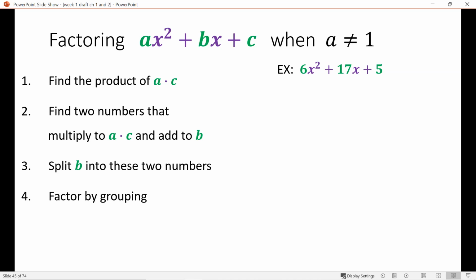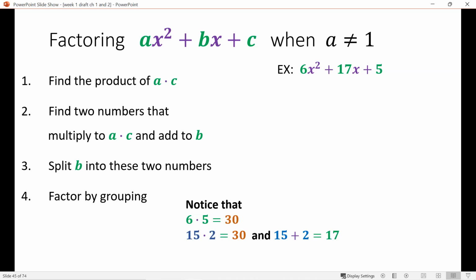So we want to find numbers that multiply to a times c, meaning two numbers that multiply to 6 times 5, but that add to b, so that add to 17. Because they have to add to 17 so that we can split our 17 into the sum of these two numbers. But we want them to multiply to a times c so that they're a factor of a and a factor of c, so that we can factor by grouping.